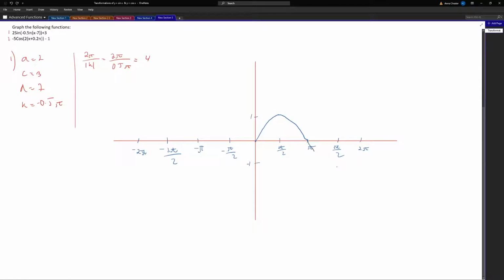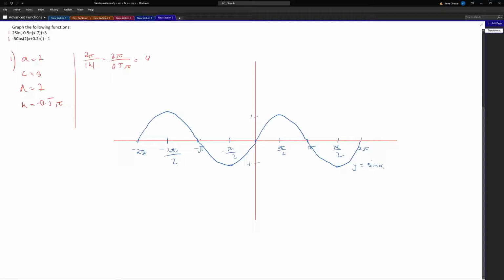Let's try to redo that one, sorry. There you go. Then for our second, we should have this. Now let's label this as y is equal to sine of x.